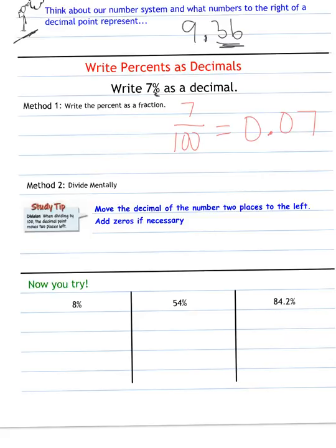Which is what this blue is telling us, that when we divide mentally, we move the decimal of the number 2 places to the left and we add any zeros. So we have our 7%, our decimal is right here after our number. We move it 2 to the left. 1, 2, put our decimal point there. Now we have an open spot here, so we fill in with a 0. So that 7% looks like that.